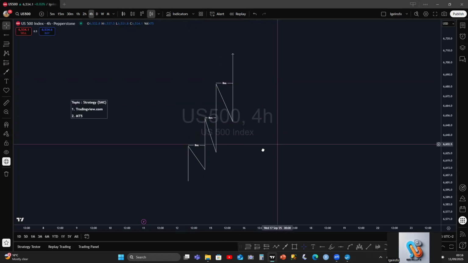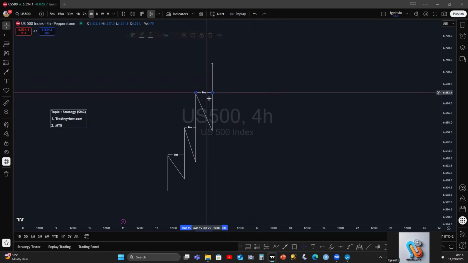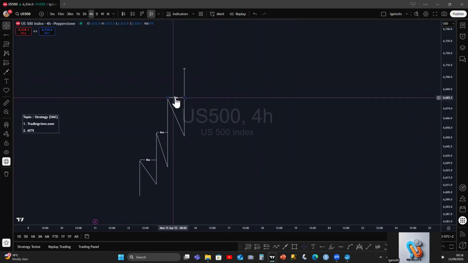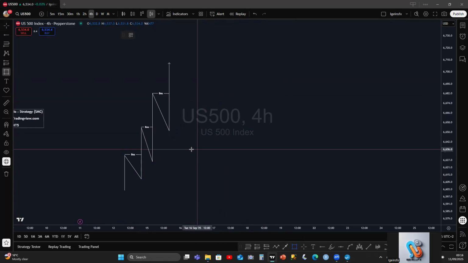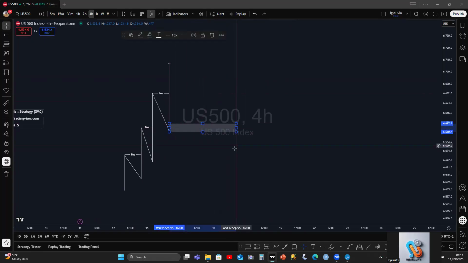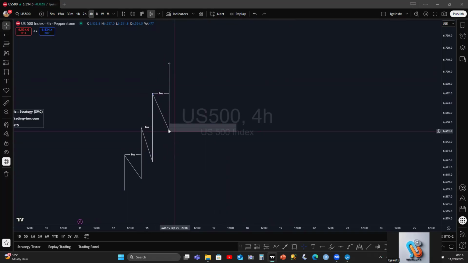Okay. Now, this is the guy here that caused the break of structure. There is a guy here that triggered this push to the upside, breaking this structure.